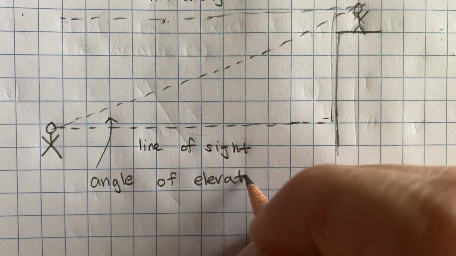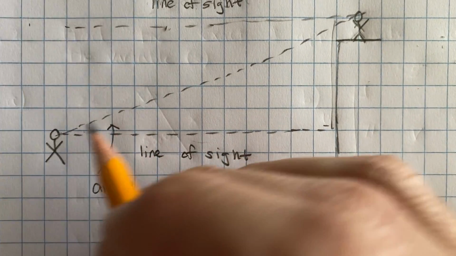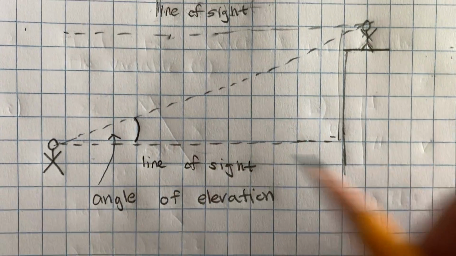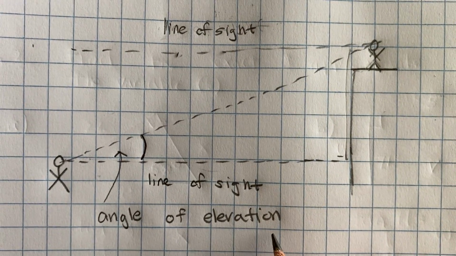That's just the definition, right? The angle formed from this person's line of sight to that person is called the angle of elevation.